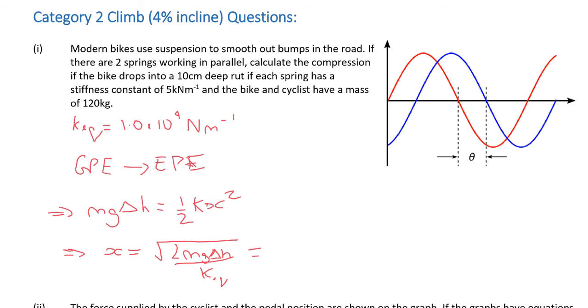So what we're going to have is 2 times the mass, which is 120, times 9.81 times 0.1, divided by 10,000, square root of that gives you a compression of 0.15 meters. That will be your total compression from the energy gained from losing GPE.